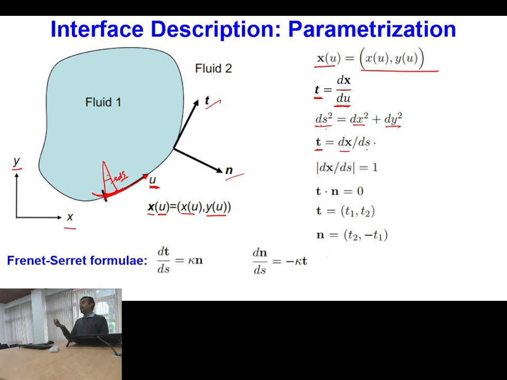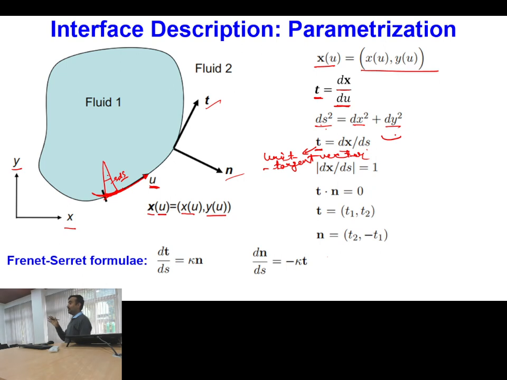So I am substituting the mathematical formulation of the u for a small element, and u I am writing as ds, which can be written as square root of dx square plus dy square. Okay, now one important point, because this is nothing but a unit tangent vector, I am writing these direct formulations.